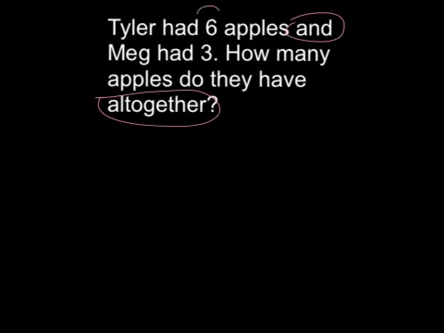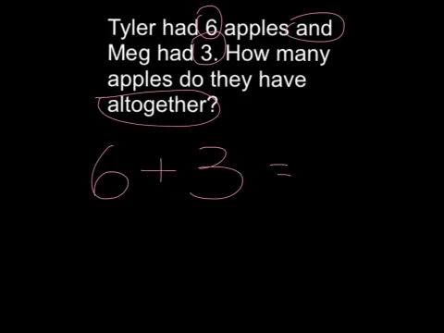So Tyler had 6, the numbers are important, and Meg had 3. So here's Tyler, he had 6. And Meg had 3, and they want to know how many they have altogether. So that means equals. So 6 and 3 more, how many altogether?